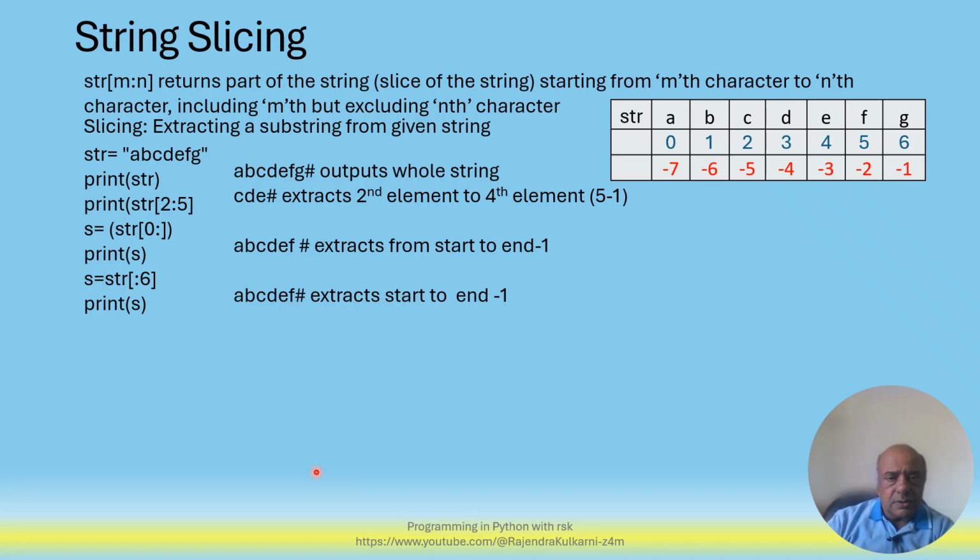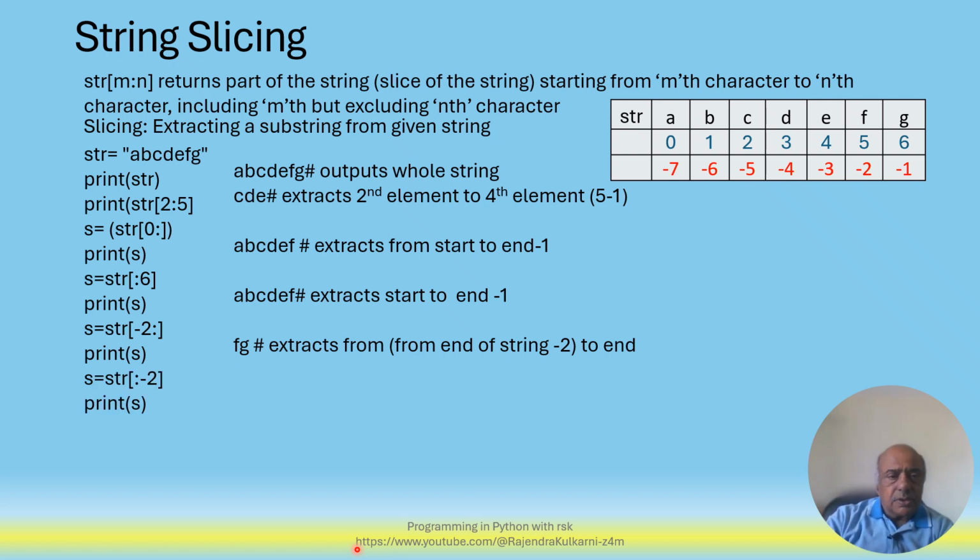What we get is A B C D E F, extracting start to end minus 1. str[-2:] will give us the last two characters, F and G. str[:-2] will give us A B C D E, escaping the last two characters.